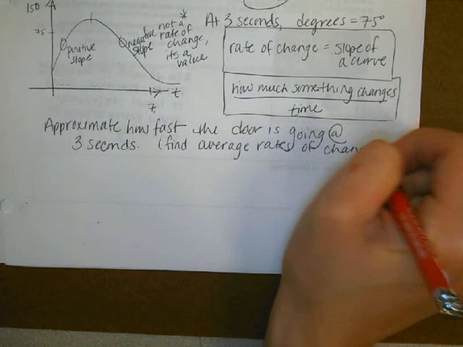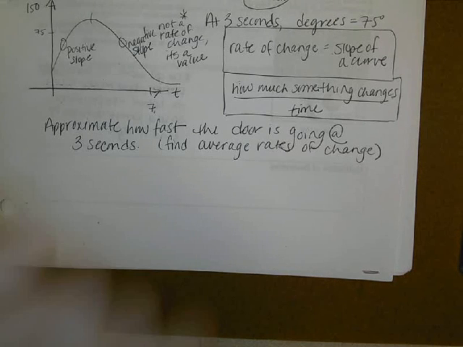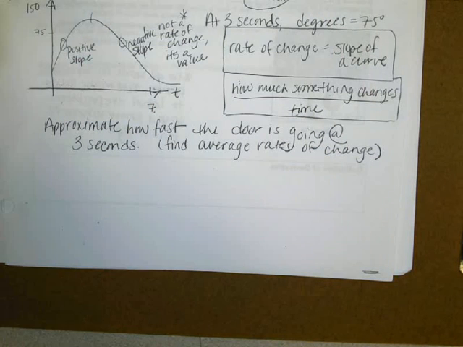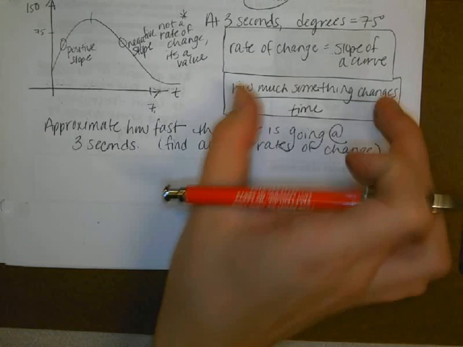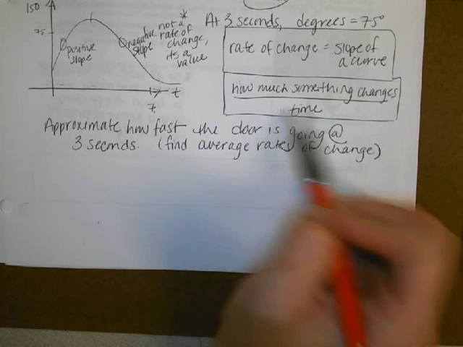The reason we can't find it at the instant of 3 seconds is because whenever you find the slope of a line, you need 2 y values and 2 x values in order to do that. So you're always averaging, or you're always taking 2 values to come up with how much something changes over time. It's not just one value. You can't take 3 and subtract itself because you can't divide by 0.